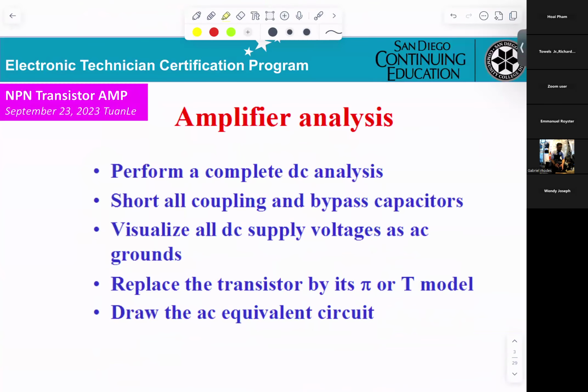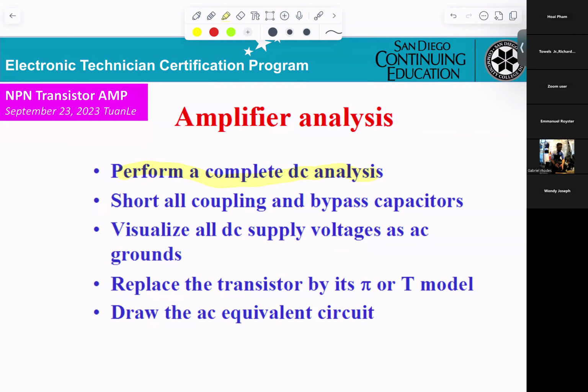Now, amplifier analysis. First thing, you have to perform the complete DC analysis. That means you have to work on the DC before you can get into the AC.